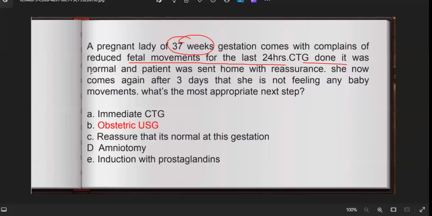You have done a CTG, it was normal. The patient was sent home with reassurance. She now comes again after 3 days saying she is not feeling any baby movement. Initially reduced, and now more concerned that there is no baby movement. What is the most appropriate next step? Because this persists even after a normal CTG, we would go for obstetric ultrasound.